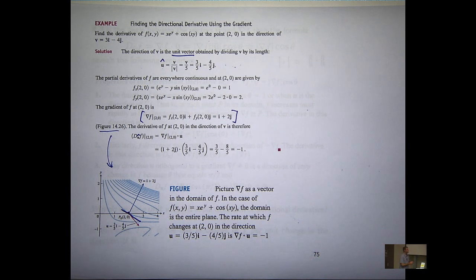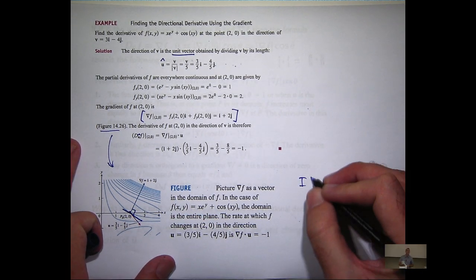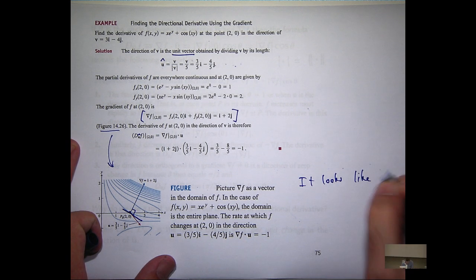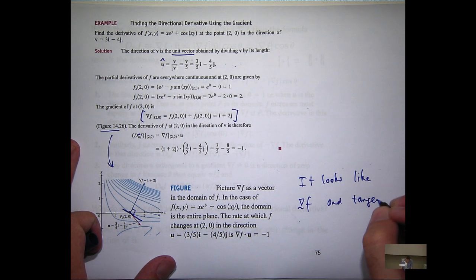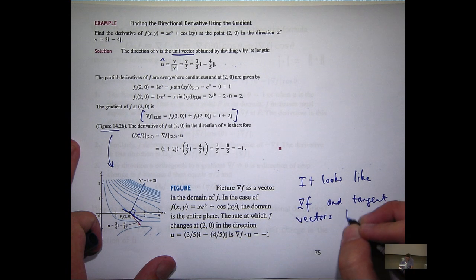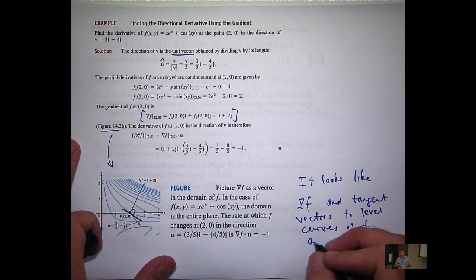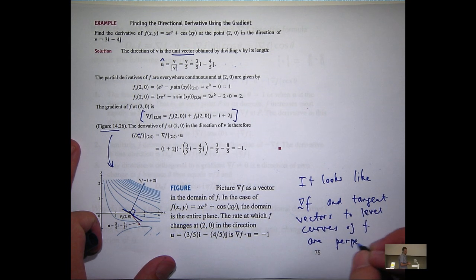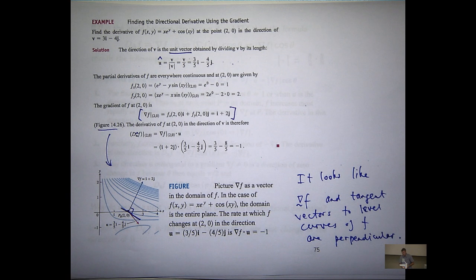It looks, at least from what I've drawn, that they might be perpendicular to each other. I haven't proved that, but that's one important geometric property that if we've got time, we'll prove.